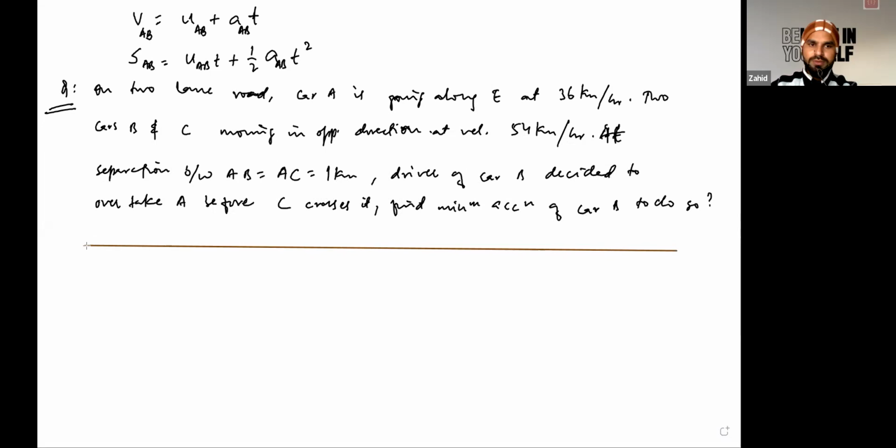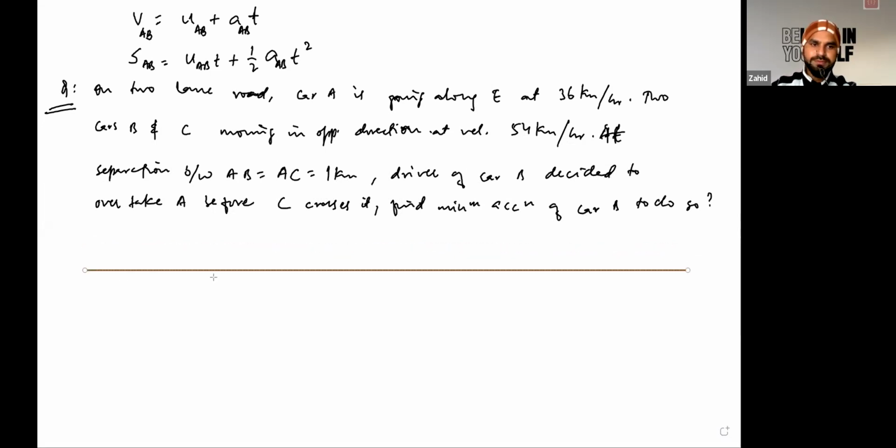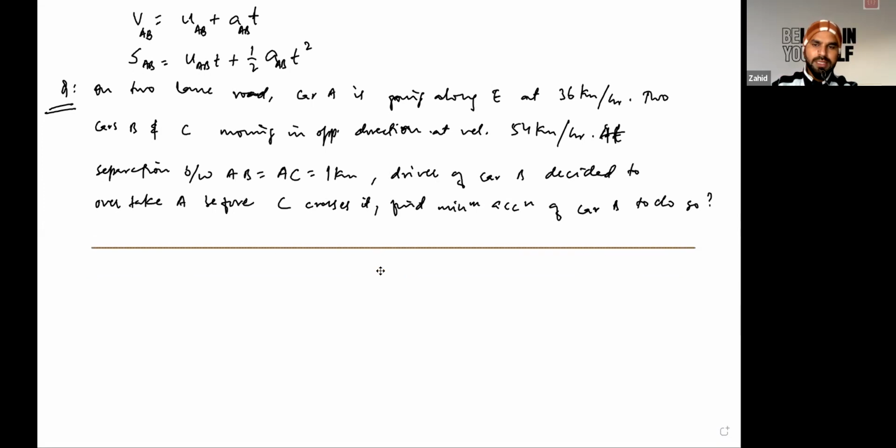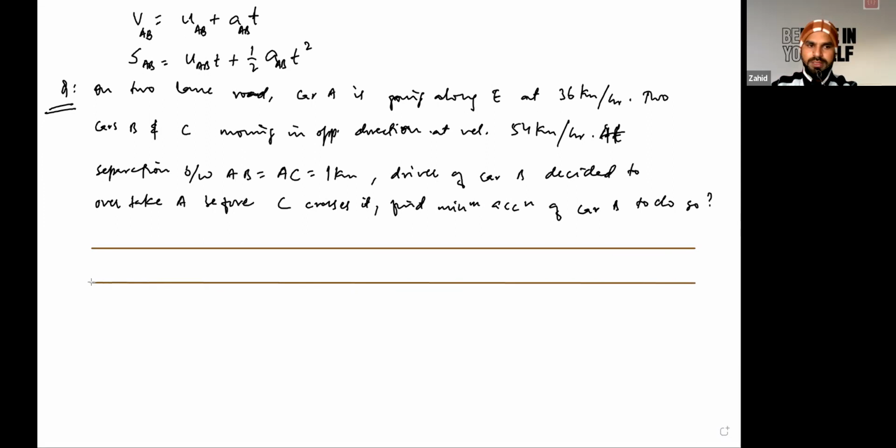Let me show you how to solve this. Suppose this is your two-lane road on which car A is going along east at 36 km/h, on the first lane. So this is car A going along this direction at 36 km/h.